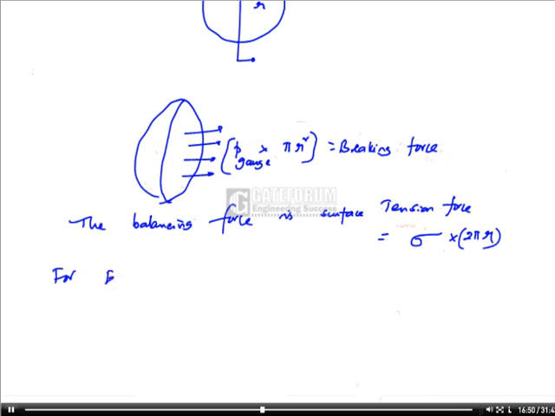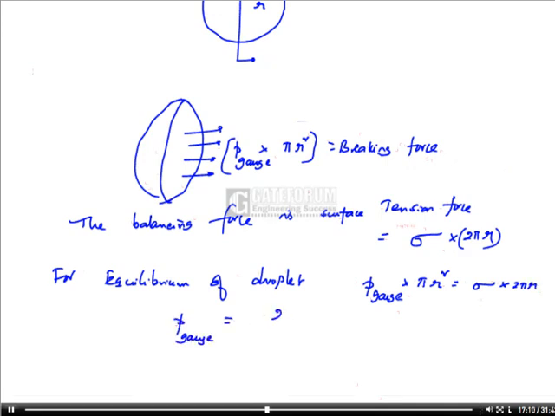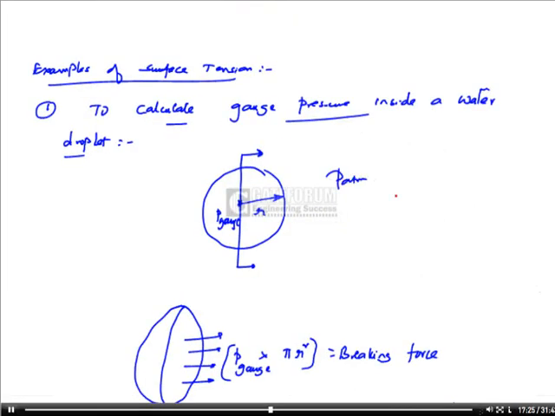For static equilibrium of the droplet, P gauge into pi r square should be equal to sigma into 2 pi r. Therefore, P gauge is equal to 2 sigma by r, Newton per meter square. Please note that this P gauge is the pressure inside the droplet in excess of the outside atmospheric pressure.